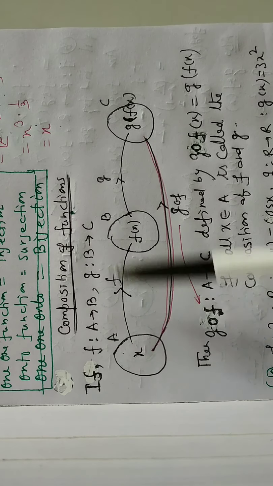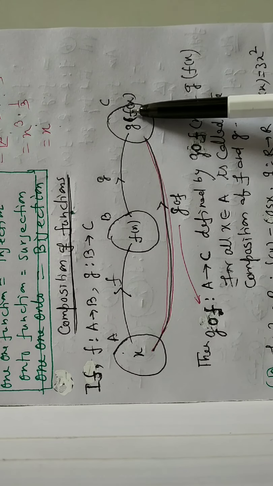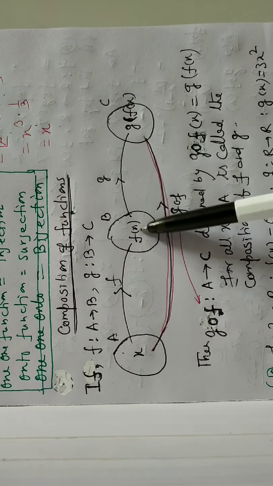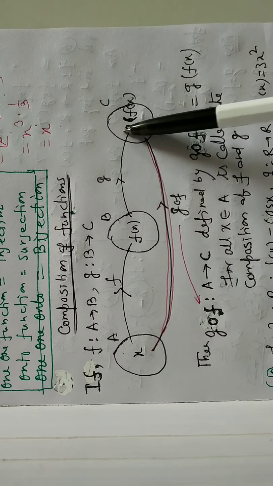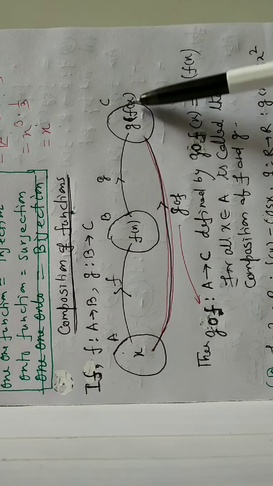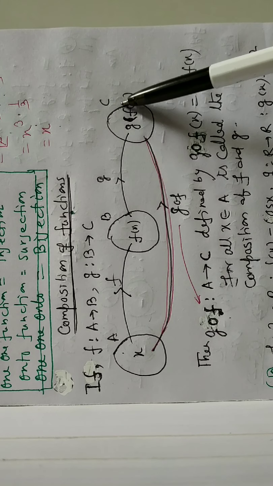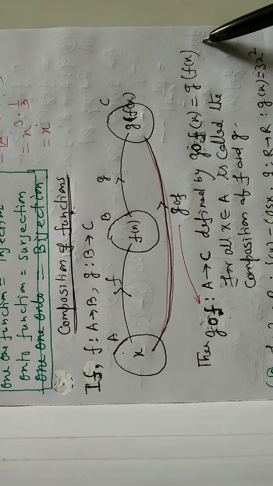So let A to B and B to C. f is a function from A to B, g is a function from B to C. Now if x goes towards B, this becomes f(x), and this f(x) under g mapping becomes g of f(x), and directly this is gof, direct from A to C. So gof is a function from A to C, sorry, not to B. gof is a function from A to C defined by gof(x) is equal to this.